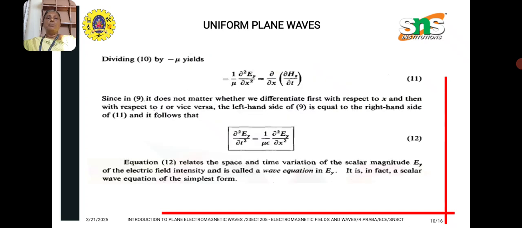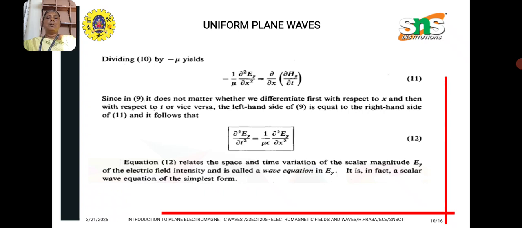Now dividing by mu on both sides, we get minus 1 by mu ∂²Ey/∂x² equal to ∂/∂t of ∂Hz/∂x. In equation 9, it does not matter whether we differentiate first with respect to x and then with respect to t, or vice versa.